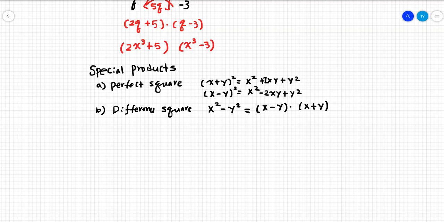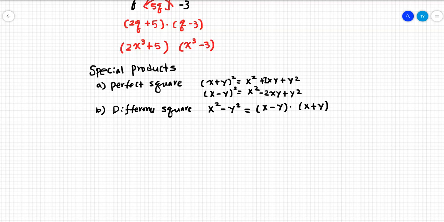Because the middle term drops off, so you don't have to worry about it. Now remember that this is different from what we just did. Parentheses x minus y squared is different from the difference of squares, x squared minus y squared. Okay, so let's just look at an example of each one of them.